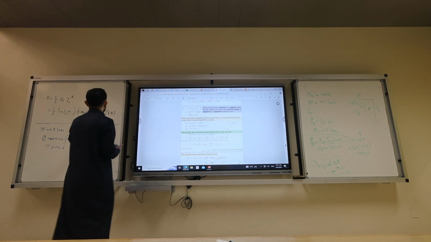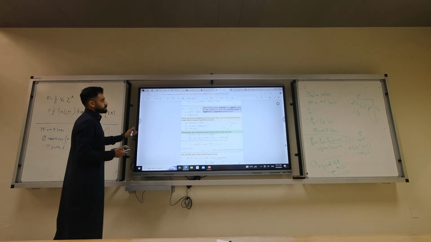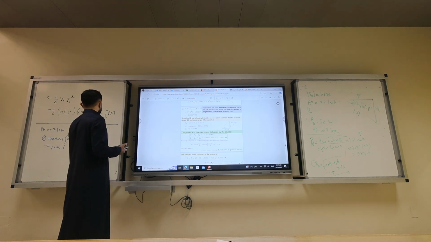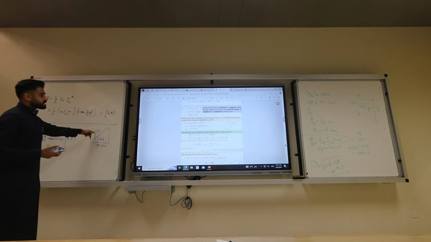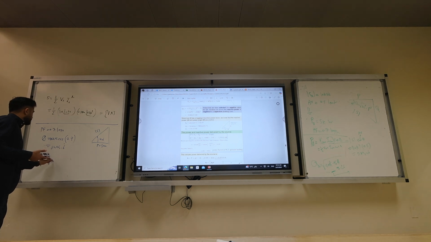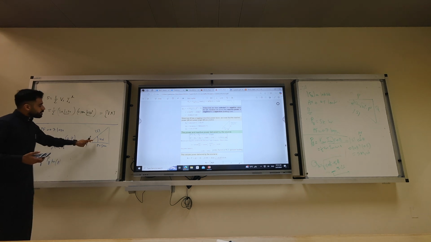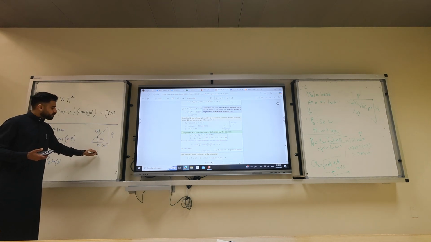Now, in that triangle, I know the P. The P is 5,000 watts. I know the angle is 45.6 degrees. So what is the absolute value of S? From the triangle, or I can calculate the Q. What's the Q? Q sub B equals P sub B tan of theta, because tan of theta is opposite over adjacent.